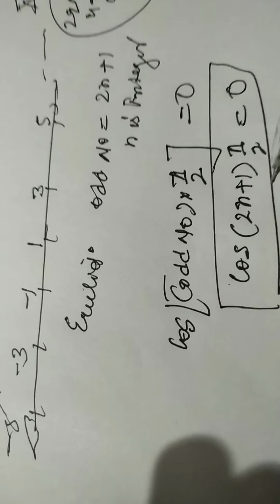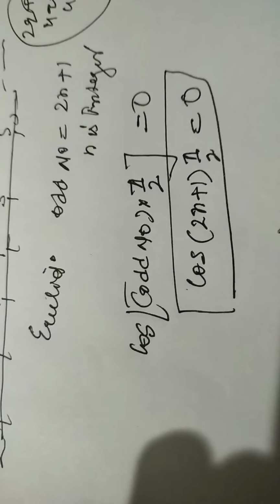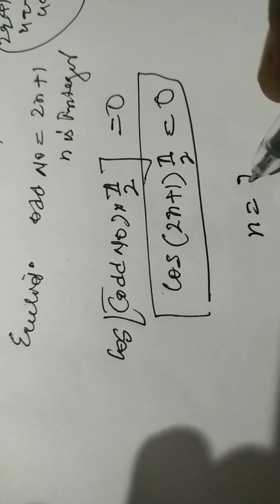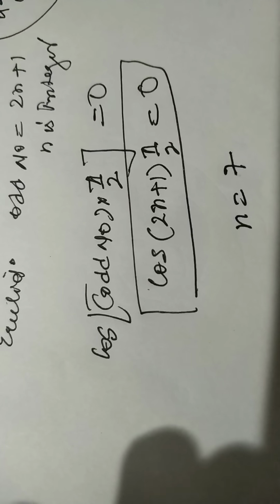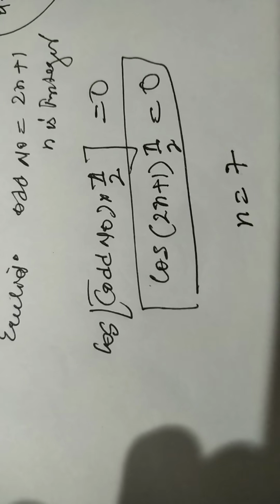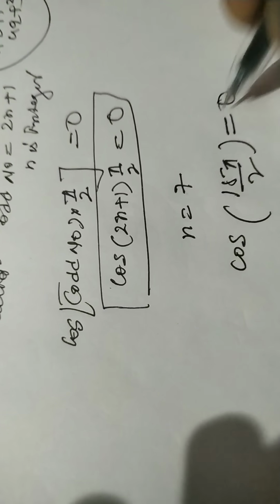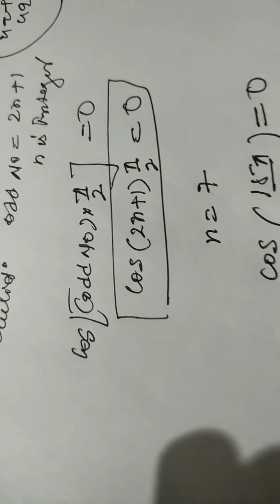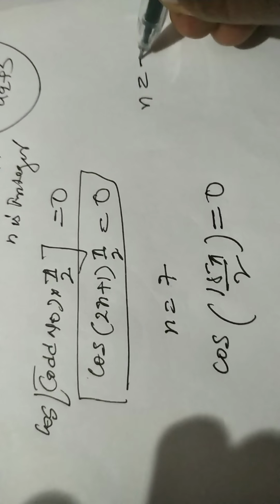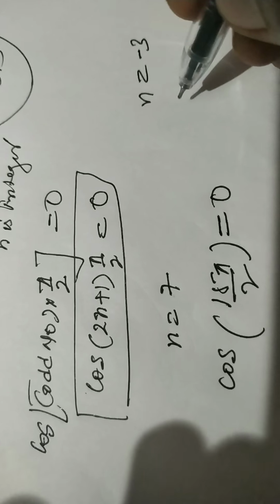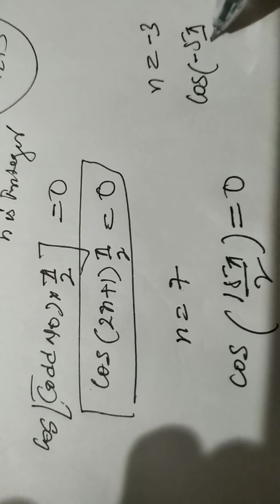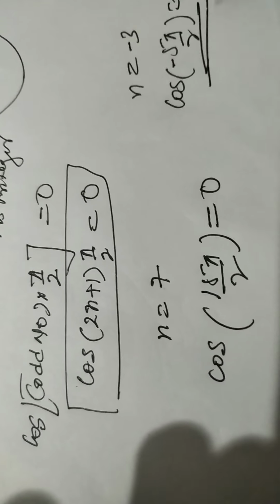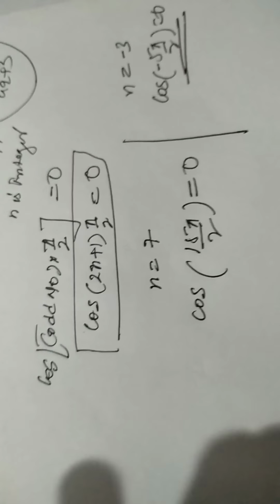If you put any integer n, for example n equal to 7, we get cos 15π/2, which is 0. If you put n equal to -3, we get cos(-5π/2), which is 0. Right, thank you, students.